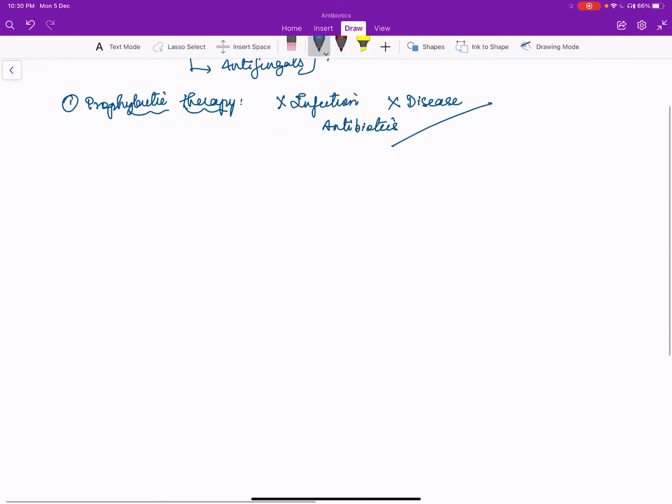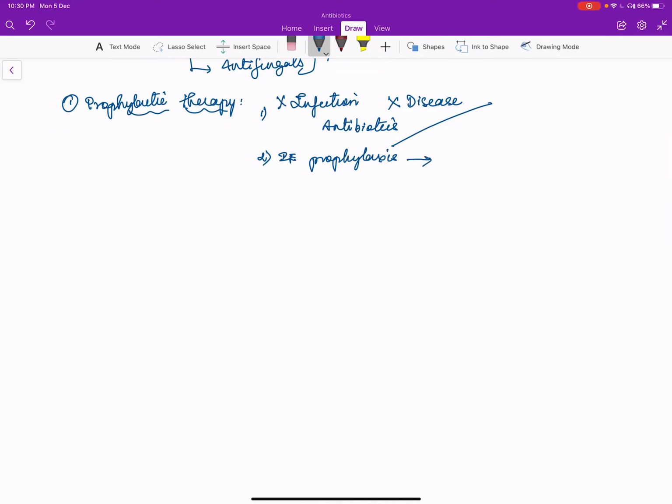This is surgical prophylaxis. Examples of medical prophylaxis include infective endocarditis prophylaxis. By the term prophylaxis, we mean he does not have infection, he does not have the disease, but he is more prone to get the infection, so we give an antibiotic.